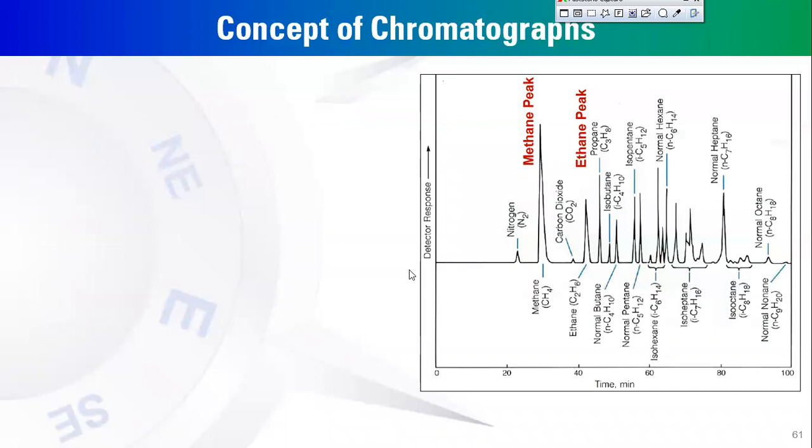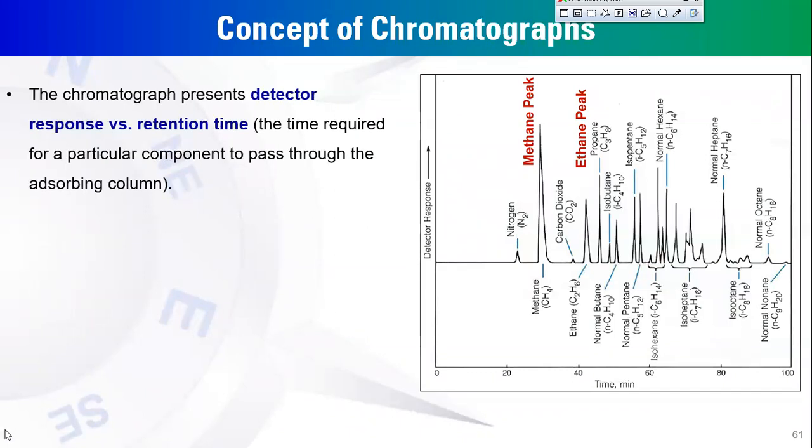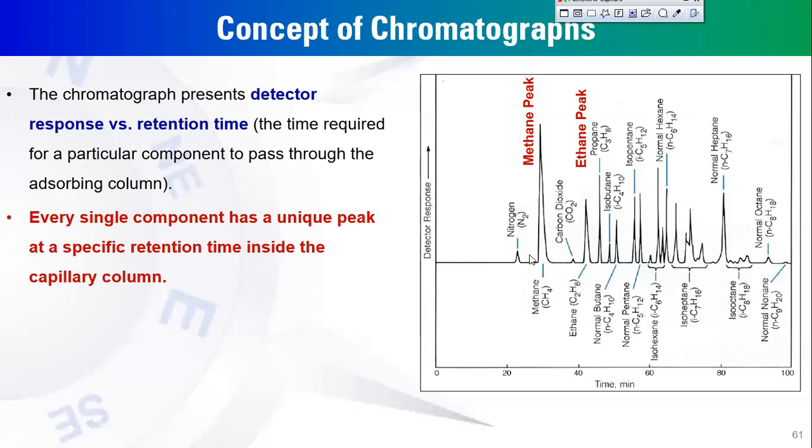This is the concept of chromatography, as mentioned: it is the detector response against the retention time. Lighter components are detected first, at low temperatures, like nitrogen, followed by methane, CO2, then the ethane peak and so on.